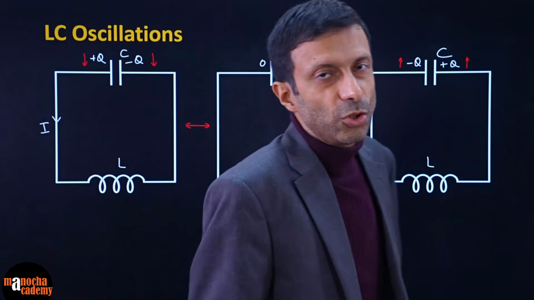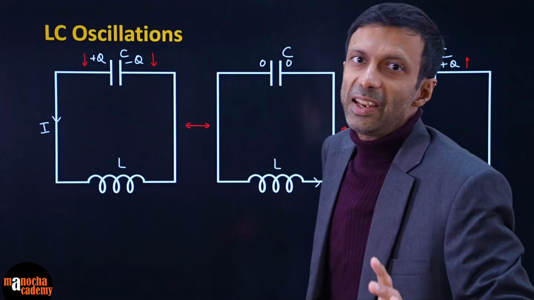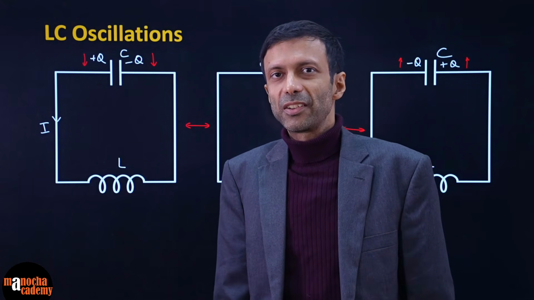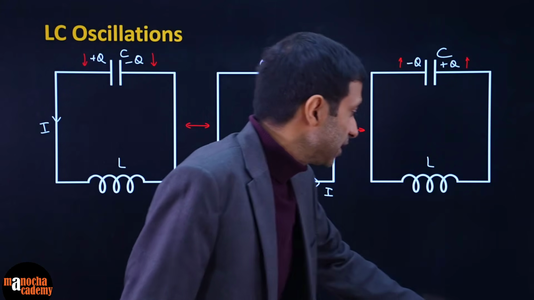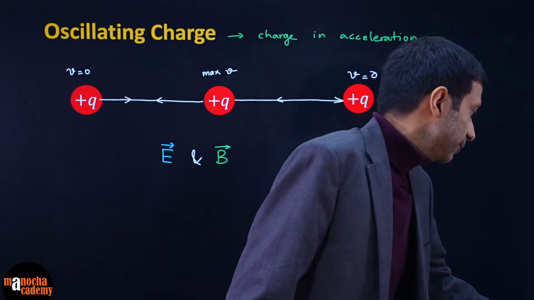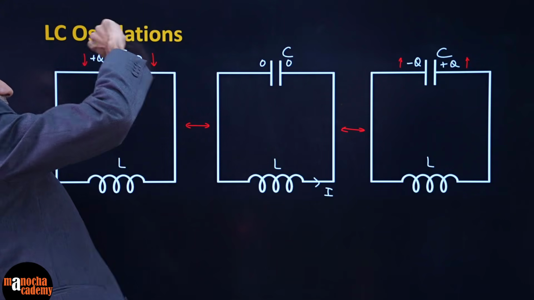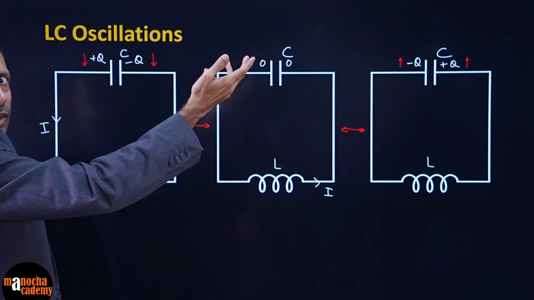So basically, can you see that since it is oscillating like this, do you guys agree that here the charges are in acceleration, right? It is a case of charges in acceleration because it is this kind of oscillatory behavior. It is not a constant motion. It is getting discharged here, then again coming to zero, then again getting charged up, right?